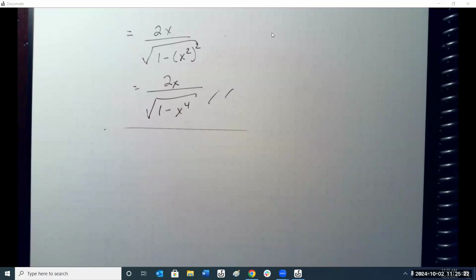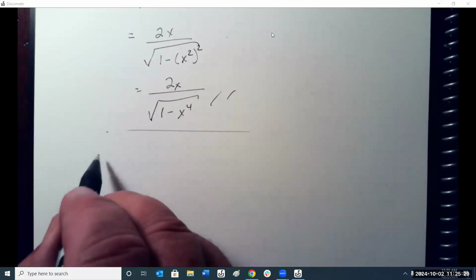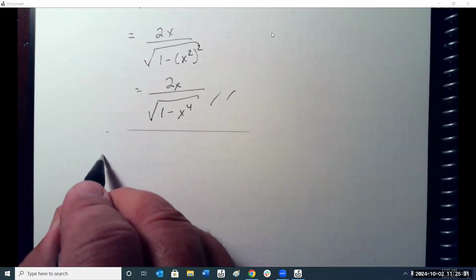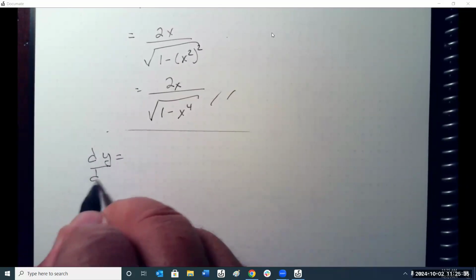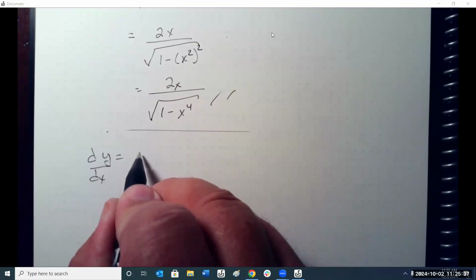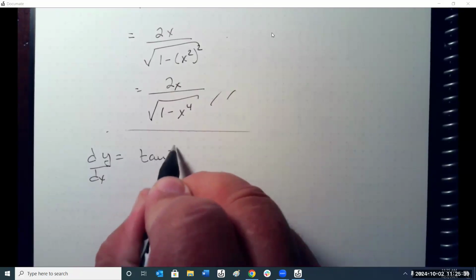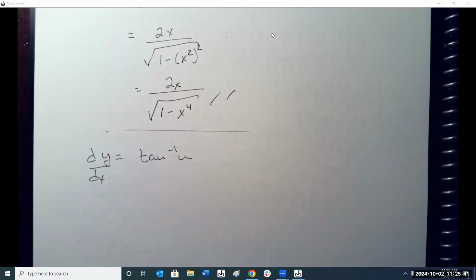Let's do one more derivation, and then I'll show you the formulas. And that's all we really have to use. dy dx of tangent inverse u.